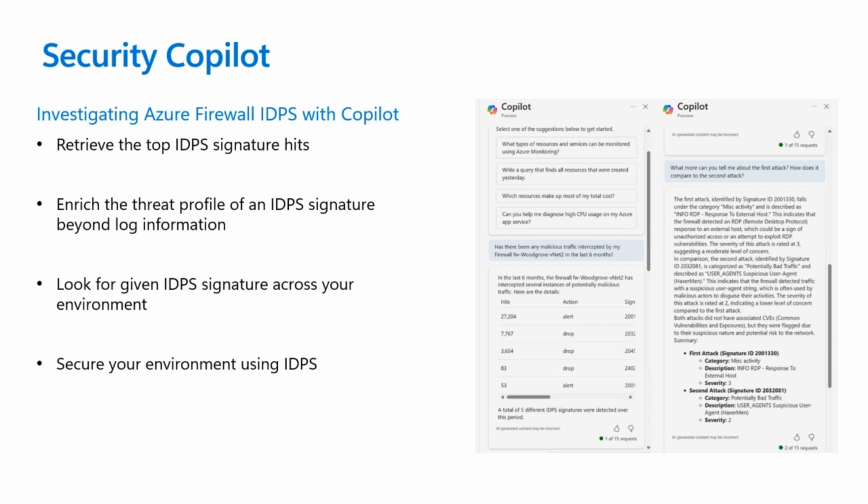So let's say, for example, we have a rule hit showing an alert, 27,000 rule hits on an alert, right? If you want to see if that signature ID is also being seen by other firewalls, that would indicate some kind of specific traffic being exploited in your network, then you could just use the Security Copilot and ask if any other firewalls are seeing the same hits in the logs.